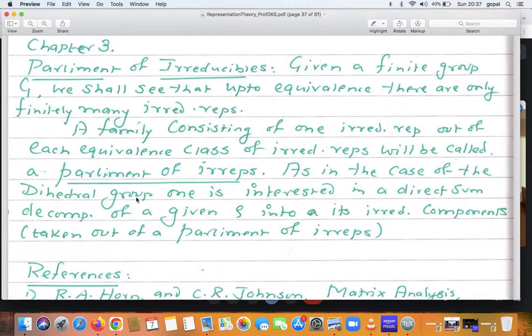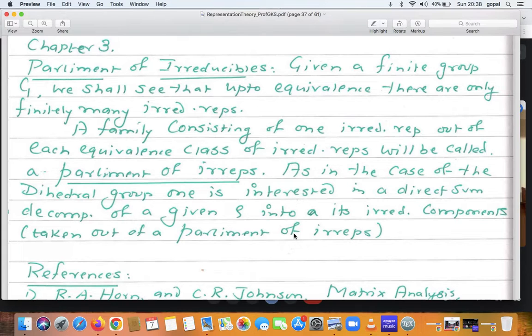As in the case of the dihedral group, one is interested in a direct sum decomposition of a given rho in terms of its irreducible components, taken out of a parliament of irreducibles. So, what is the parliament of irreducibles? The general theorem is that up to equivalence, there are only finitely many irreducible representations, d1, d2, dk. What is the relation between the d's?